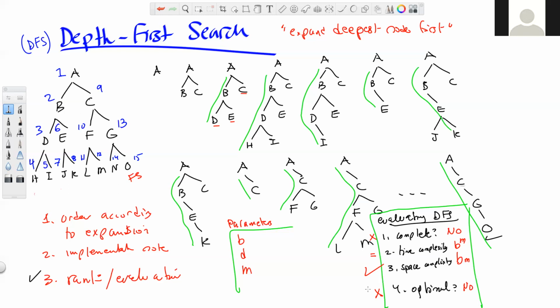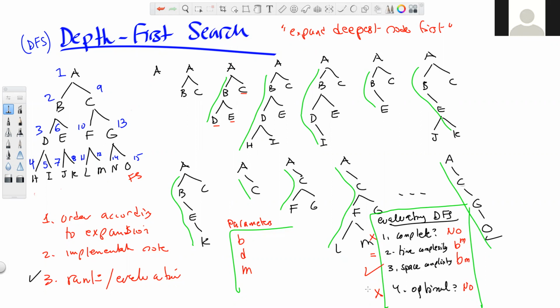Okay, already somebody came up with an idea. The idea was, what if I limit the height? So I just don't go below a certain depth. I say, hey, depth first search, do your business, but please do not go below level 50. So now it's not infinite.